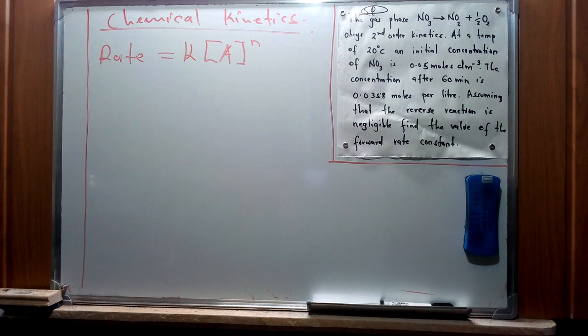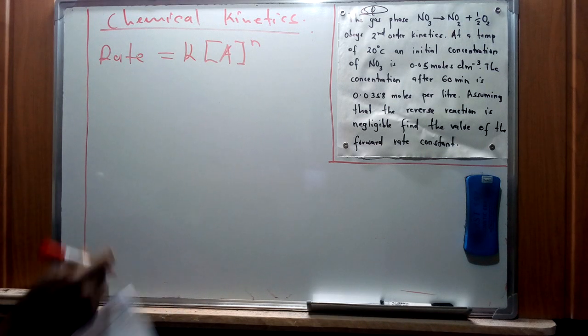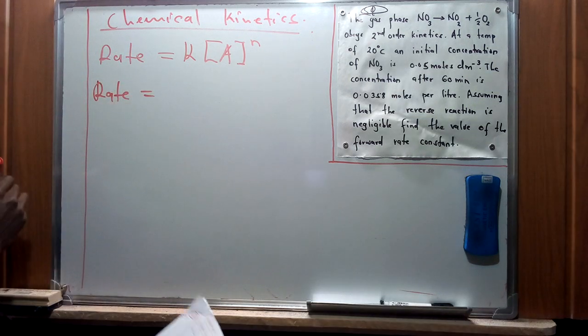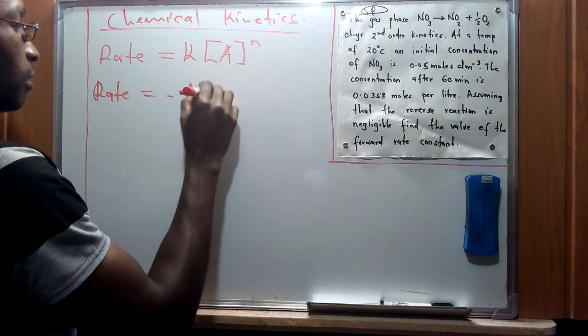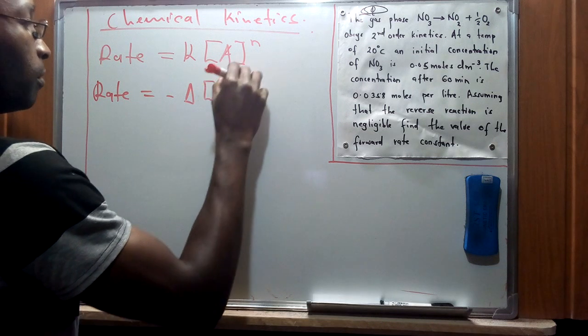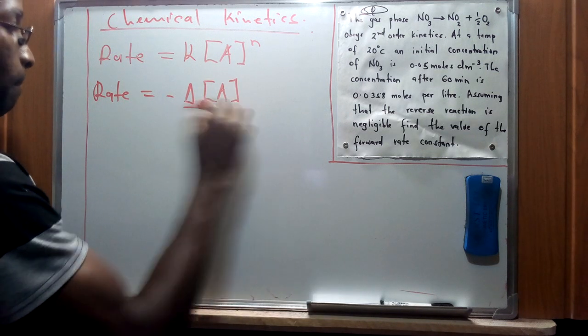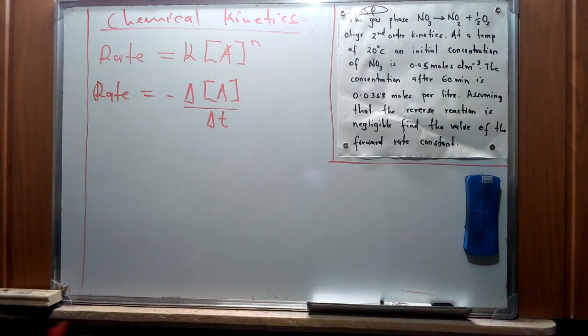This rate can also be represented as a change in concentration over time. So I can write a second equation which gives the change in concentration of this substance over time, as that one.